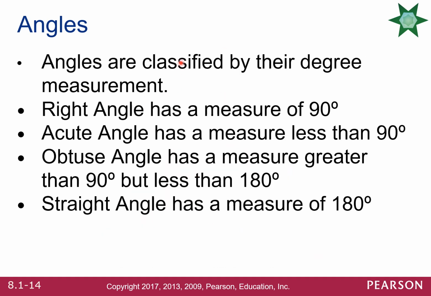Now, angles are classified by their degree measurement. So there are some special angles that we need to know about. First one is a 90-degree angle. A 90-degree angle is also called a right angle, and that happens when we have the initial side, and the terminal side intersecting at a measure of 90 degrees.